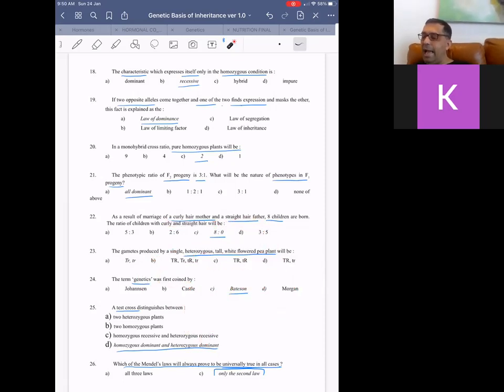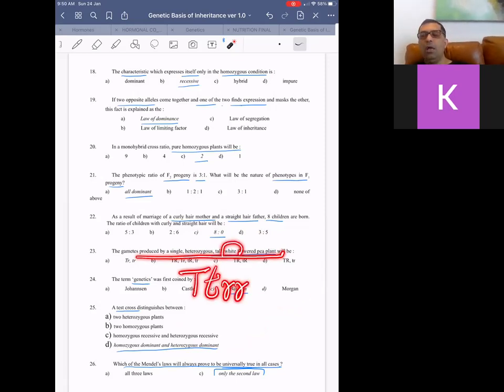The gametes produced by a single heterozygous tall white flowered pea plant will be? The plant is heterozygous tall and white. Tallness is heterozygous because it is a dominant character, but white is a recessive character, so it is small r. So which gametes will be formed?